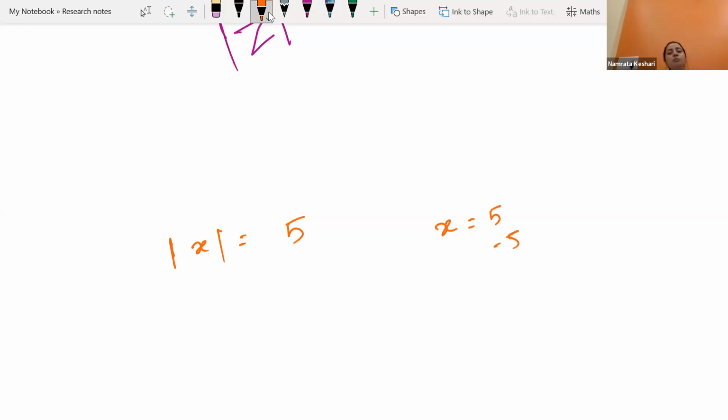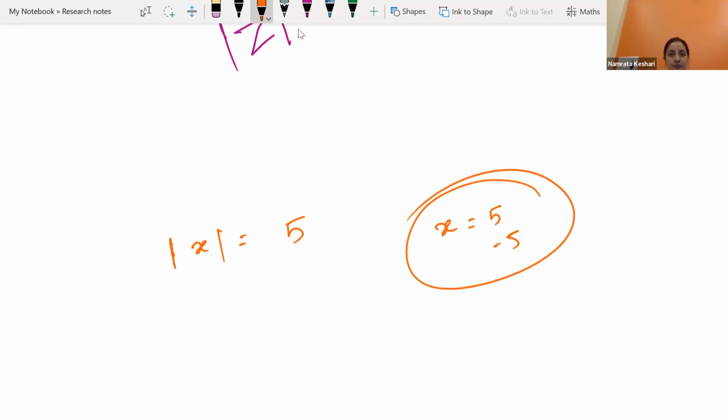Then only mod will give the positive answer. That's how we have learned this function, right? If mod x is 5, then x may be 5 or minus 5. Yes or no? Yes, ma'am.